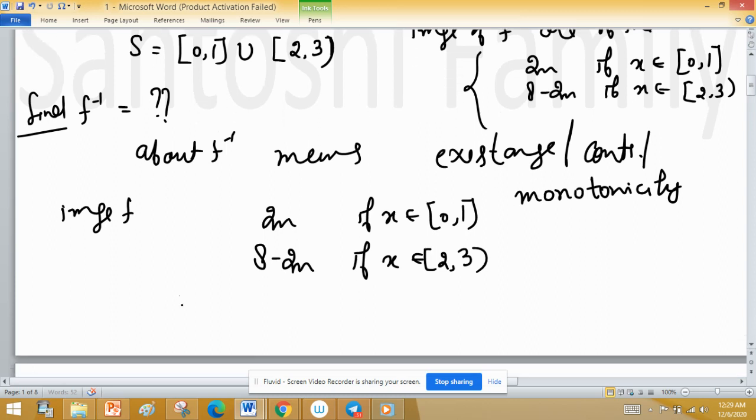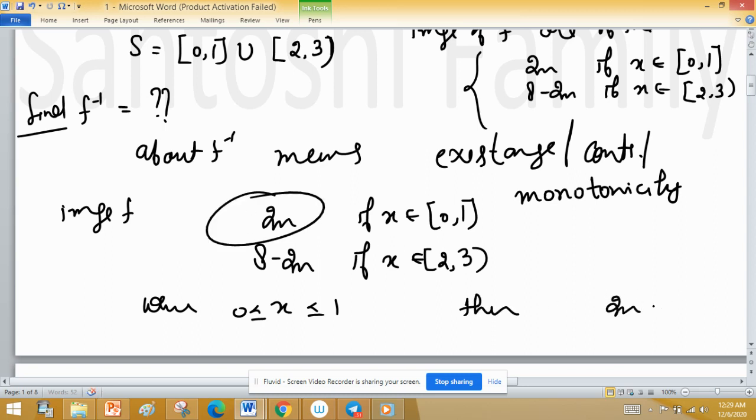Now when x is greater than or equal to 0 and less than or equal to 1, then we want to make 2x type, because this is given to us, so we involve an inequality.